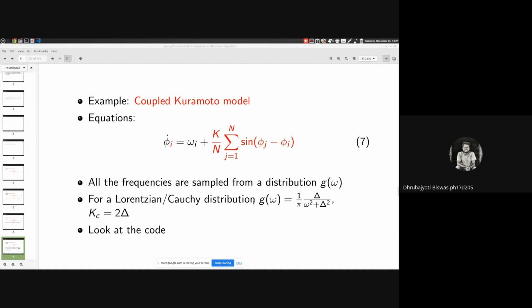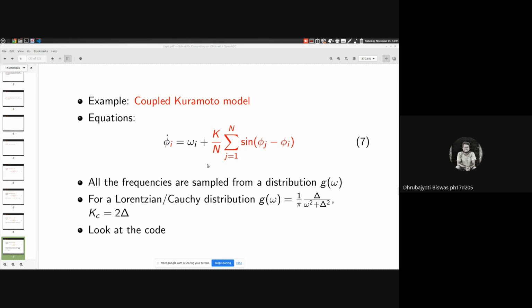Now, if you start increasing the value of the coupling constant k from 0 to a positive number, once you cross 2 delta, that can be shown mathematically. That derivation is not supposed to be discussed here.